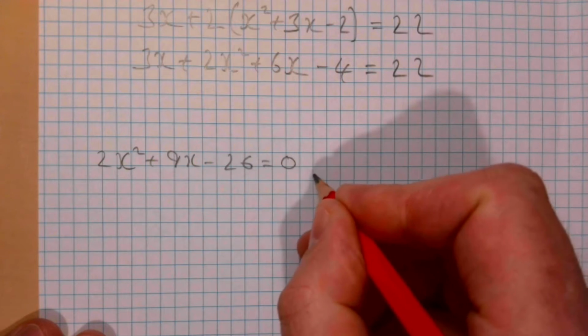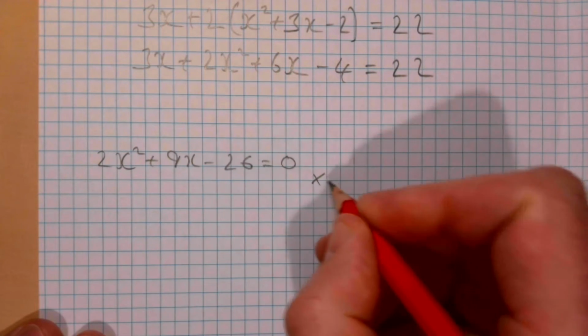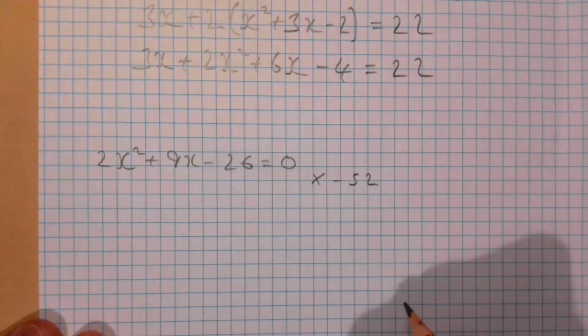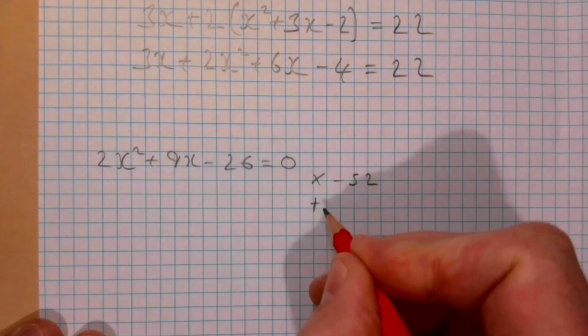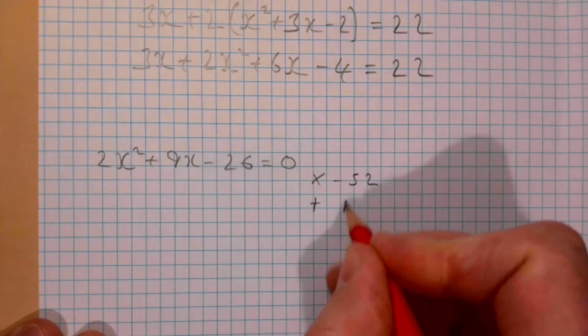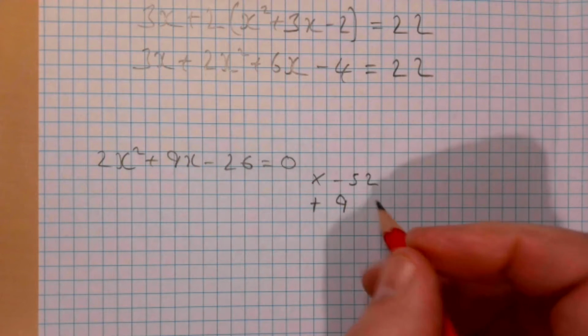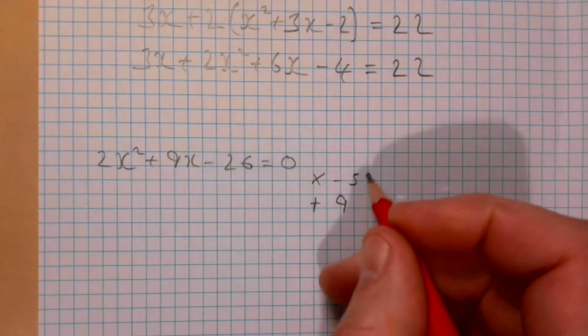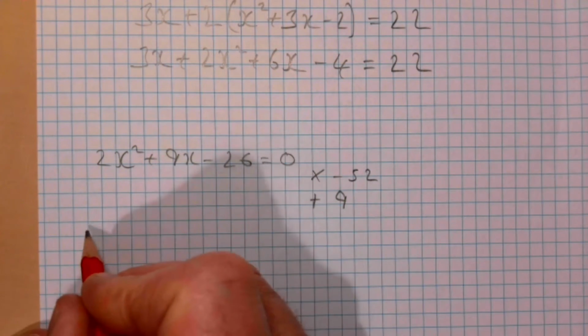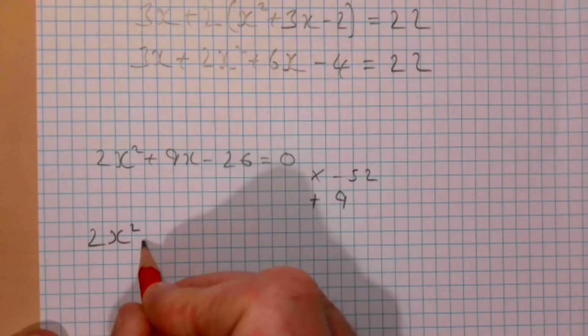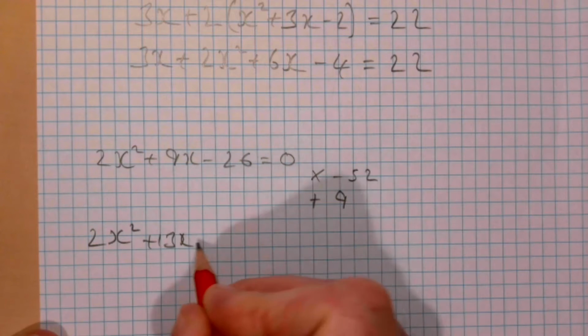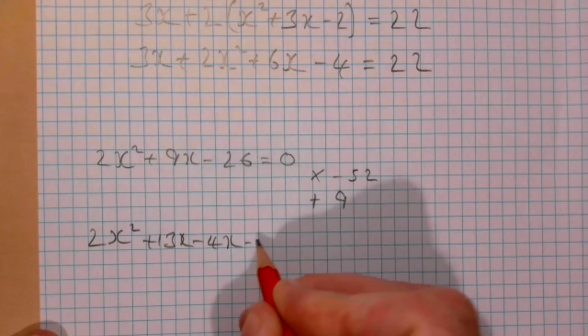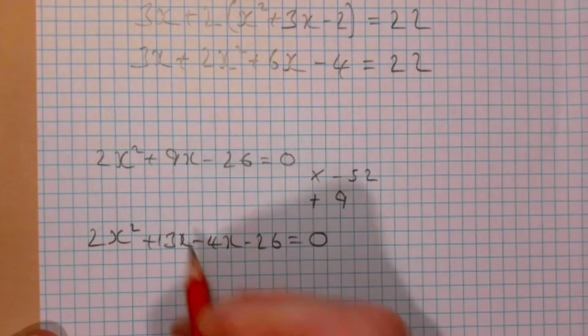So we're looking for two numbers that multiply to give 2 times minus 26, minus 52, and the same two numbers add to give 9. A good card player like myself knows that 52 is 13 times 4, so it's going to be something like that. So I'm going to split my middle term into 2x squared plus 13x minus 4x minus 26 equals 0.